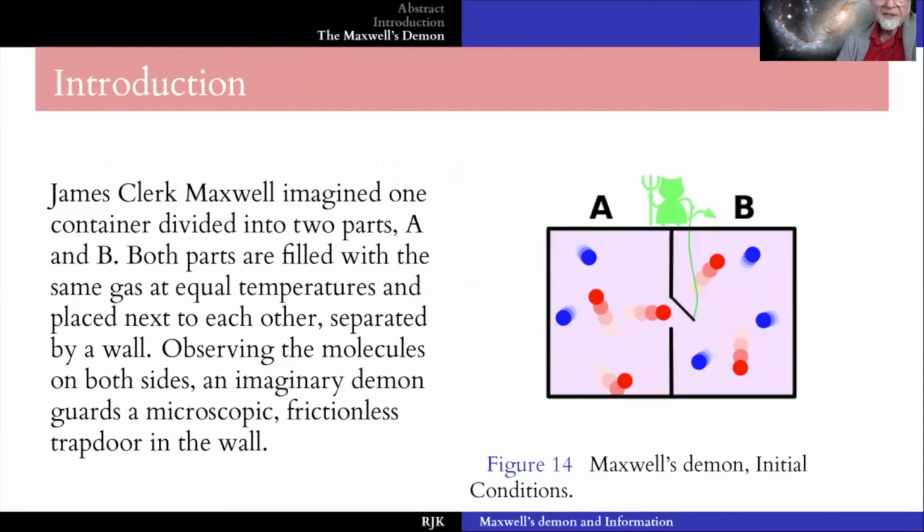Maxwell imagined a container with two parts, A and B, both filled with a gas at the same temperature. So the whole system is in equilibrium. And placed between them is a wall. So they both have the same Maxwell distribution of speeds.